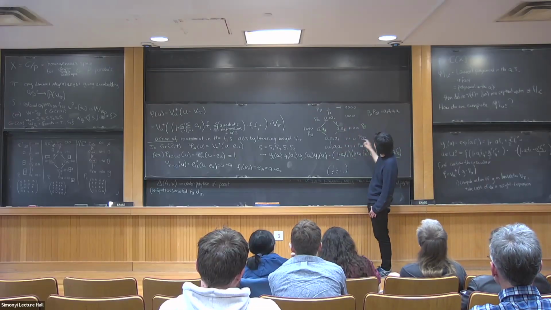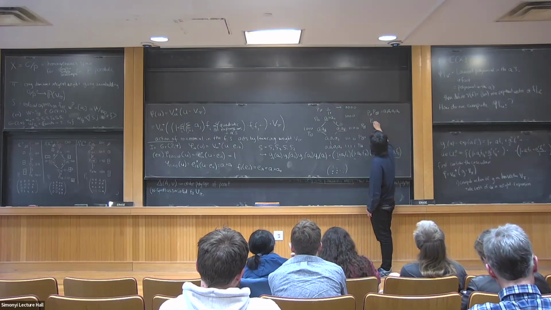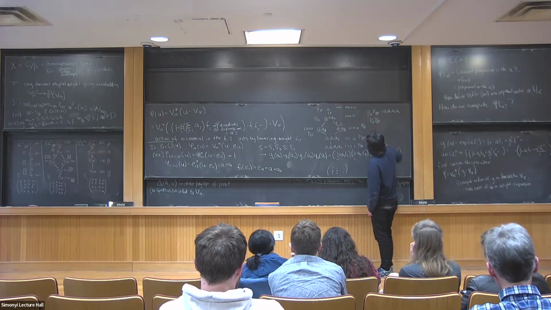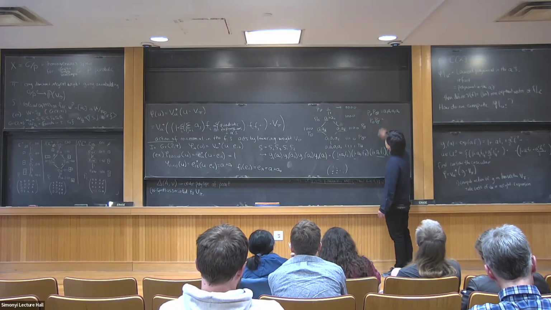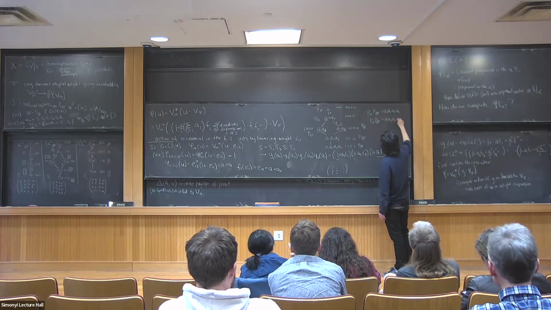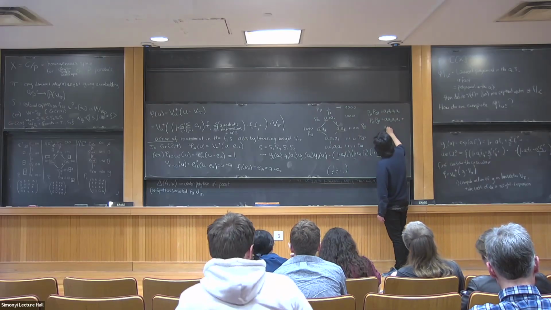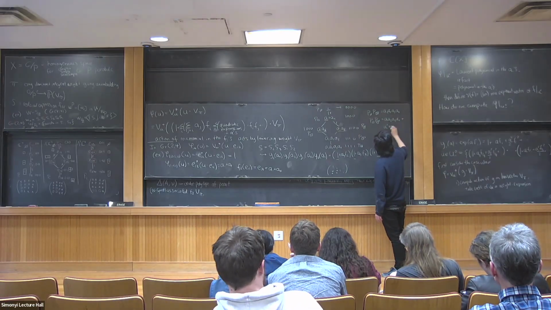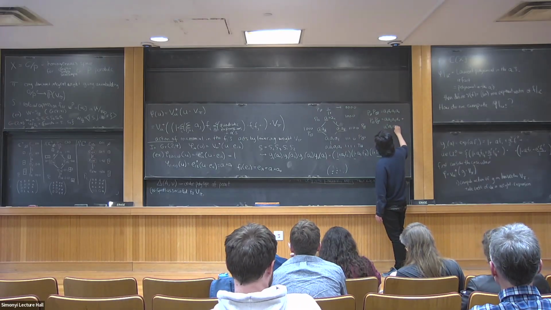If I take the single box 2, 1, then I get one of these terms, A1, A2, A3, A4, but I also get another term, A1 squared plus A2, sorry, A2, A3.